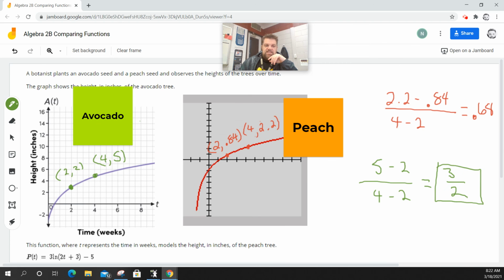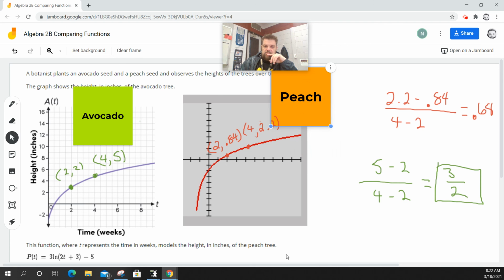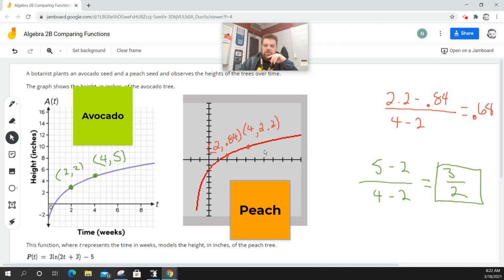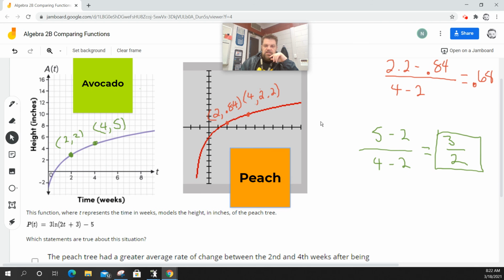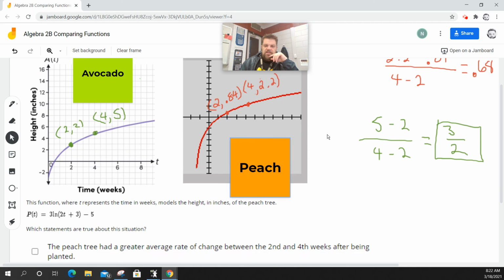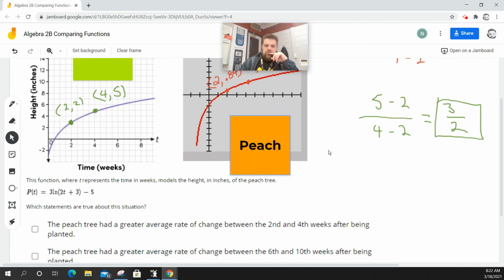So then we have to do that same math again between 6 and 10. So we got to figure out what the value from 6 to 10 is. Mathematically.